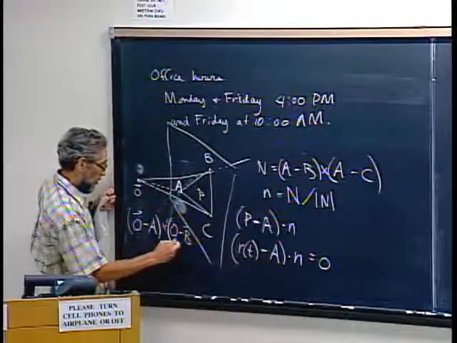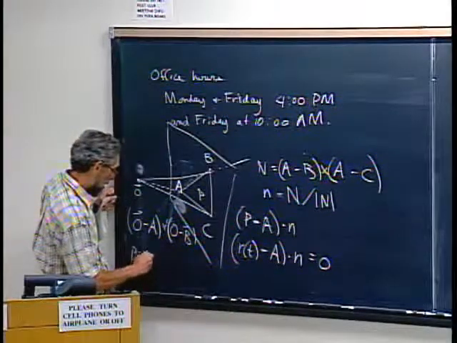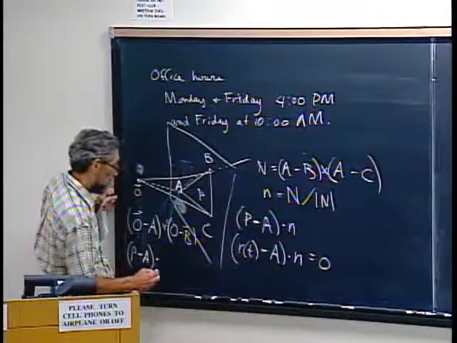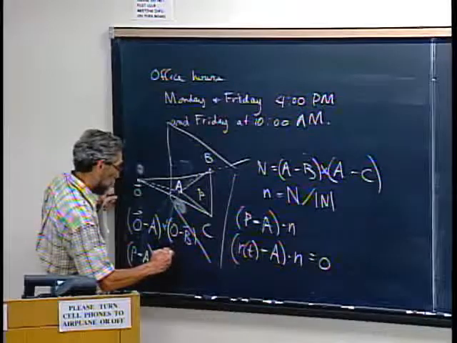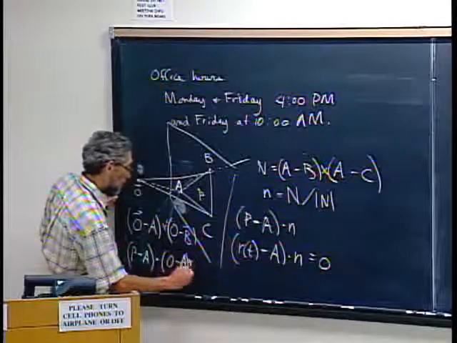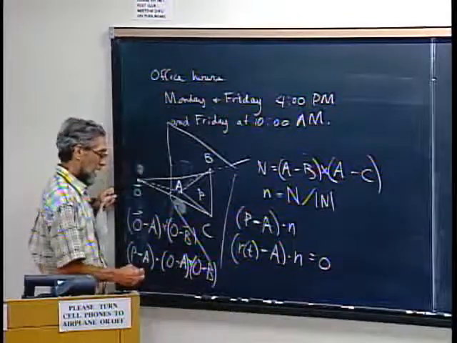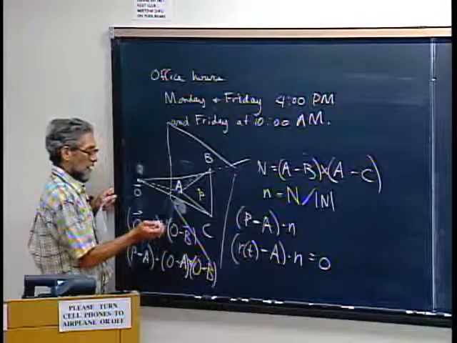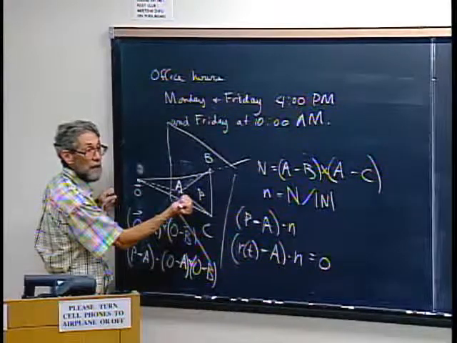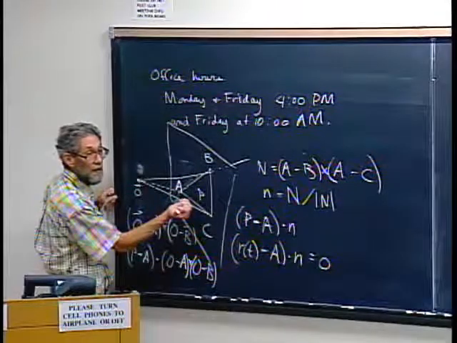So I take P minus A dot this cross product, O minus A cross O minus B. And if that is positive, then in this particular case, P is inside the pyramid.